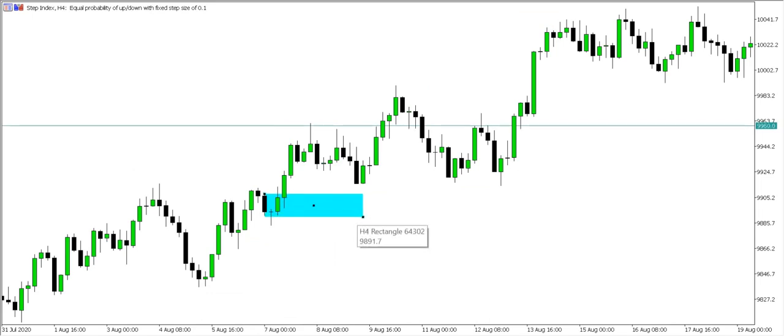For this push up, we have this black candle which represents a bullish order block.